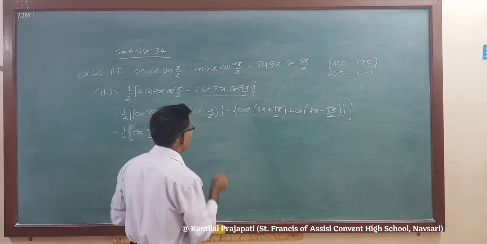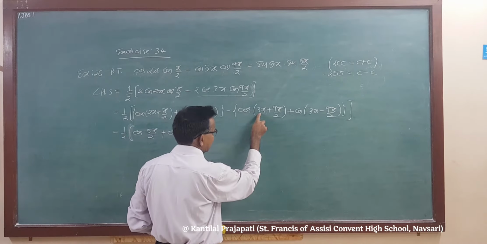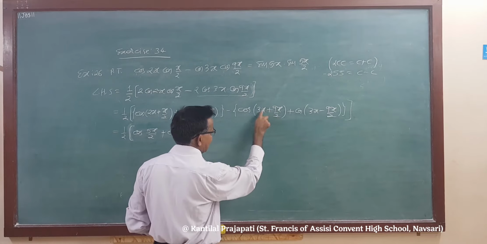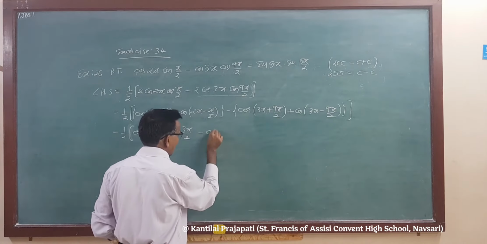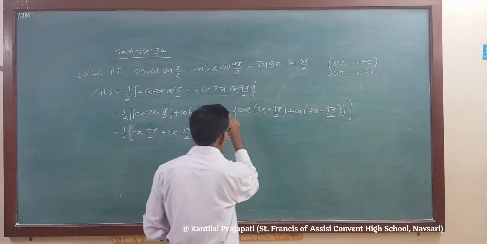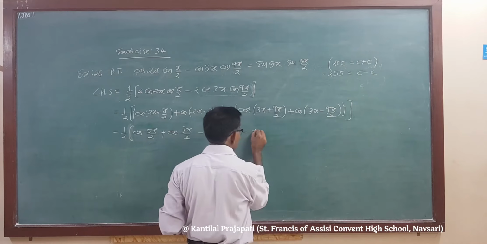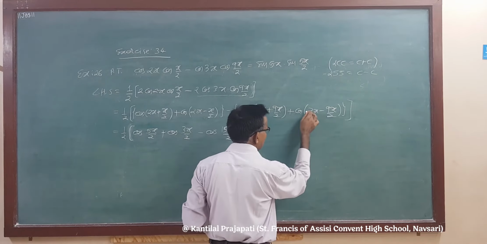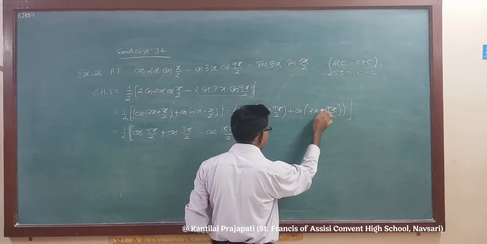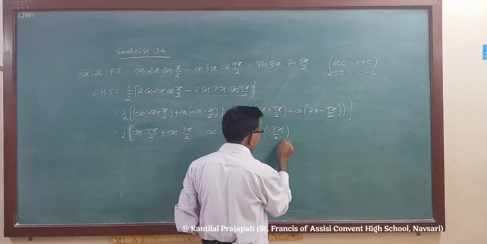Also simplify the second bracket: 6x plus 9x, that is 15, cos 15x by 2, and cos of 6x minus 9x, that is minus 3x by 2.